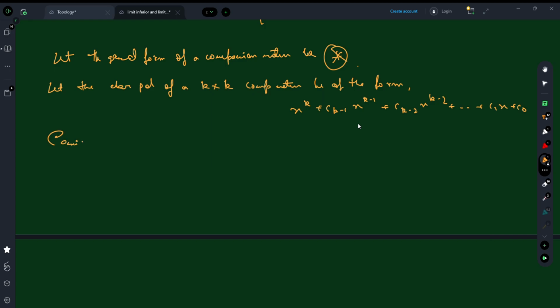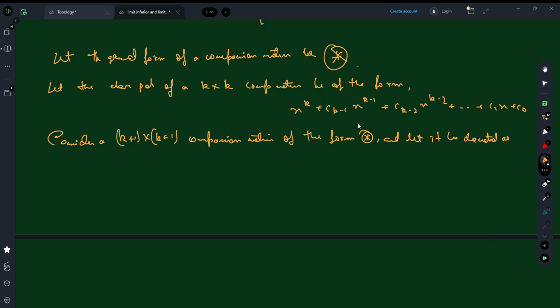Consider a k plus 1 cross k plus 1 companion matrix of the form star, and let it be denoted as A. So A is typically of this form: 0, 1, 0, 0, and so on, 0, 0, 0, 1, 0, 0, 0, 0, 0, 1, 0, and so on.